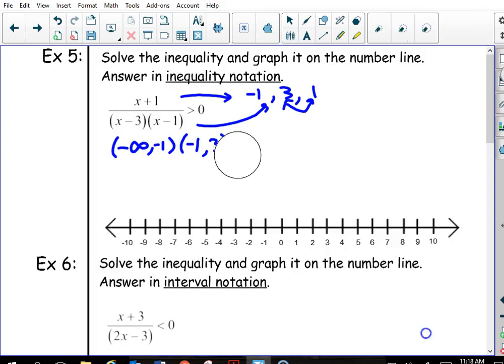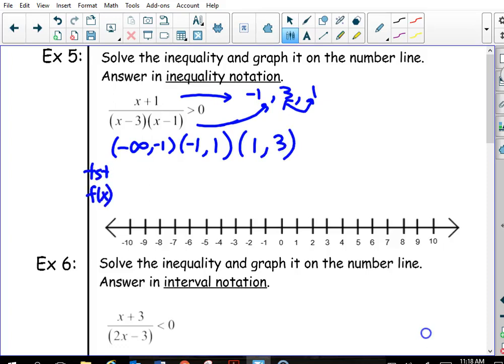See, that's why I need them in order. Don't make that mistake. Test x: so -2, 0, and oops, I'm missing one.